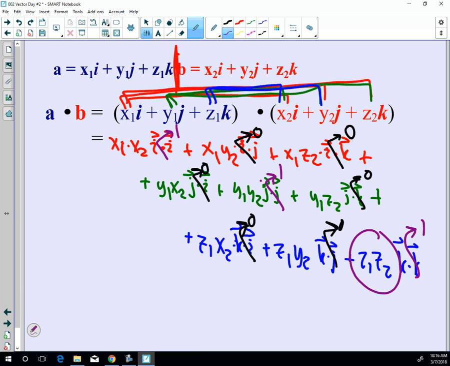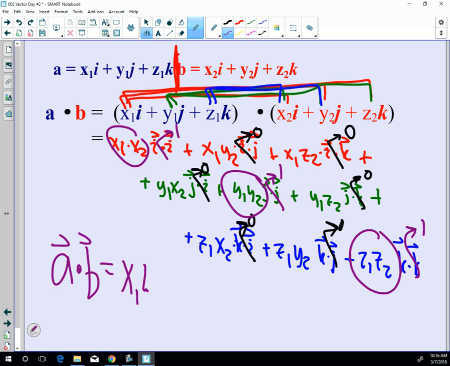So what you're left with is the dot product, which is x1 x2 plus y1 y2 plus z1 z2.